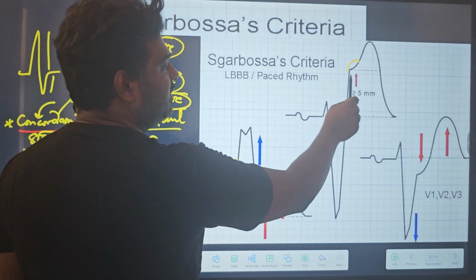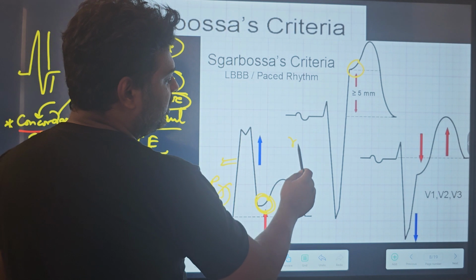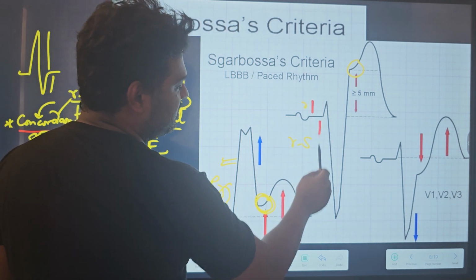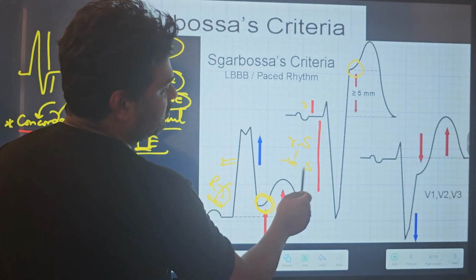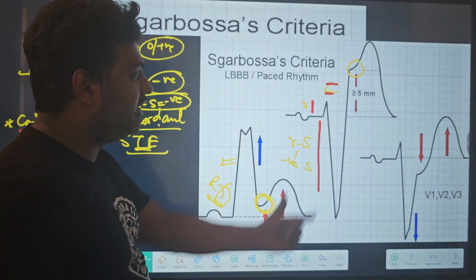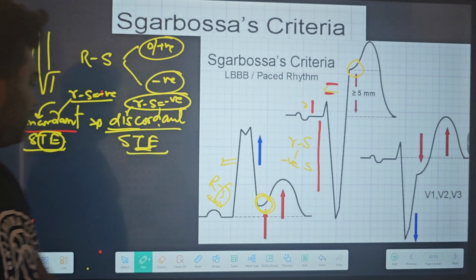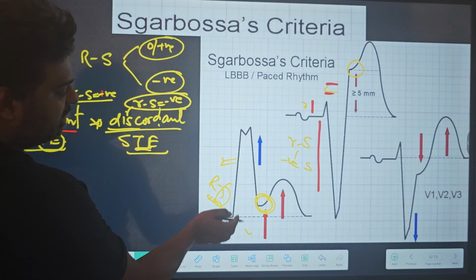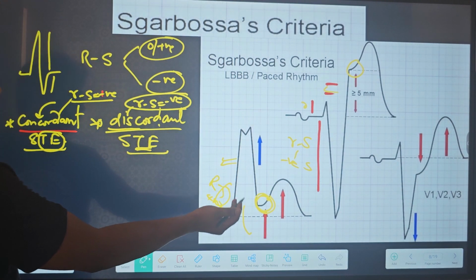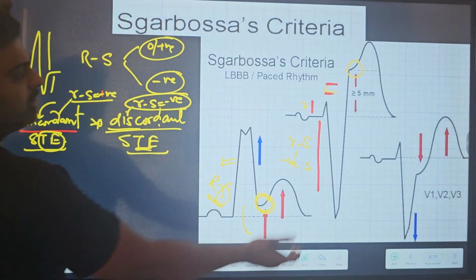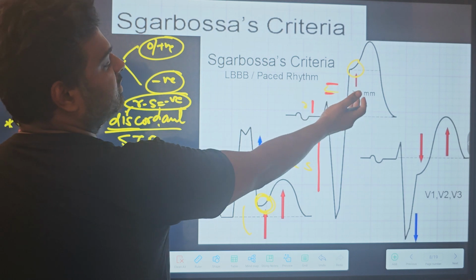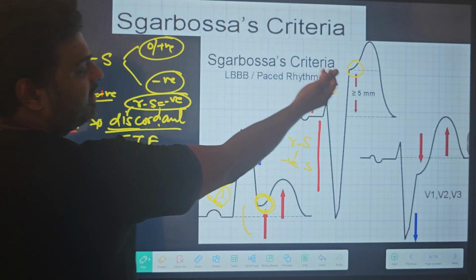This is ST segment elevation, but if we calculate R minus S, this is R, this is S. It is negative. So this is the case of discordant ST elevation. Okay, this was concordant ST elevation along with R minus S positive. This was discordant ST elevation, that is, ST elevation with R minus S negative.